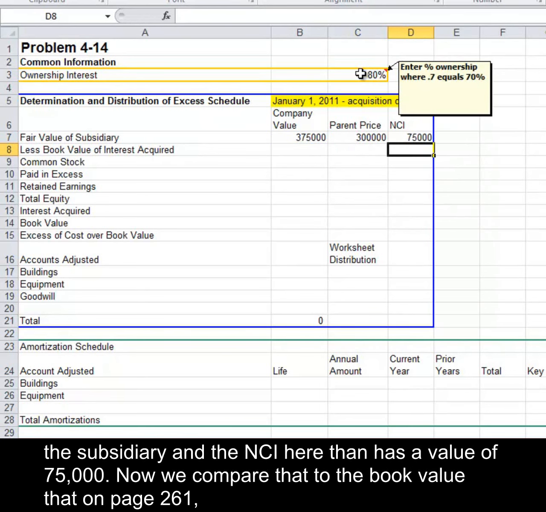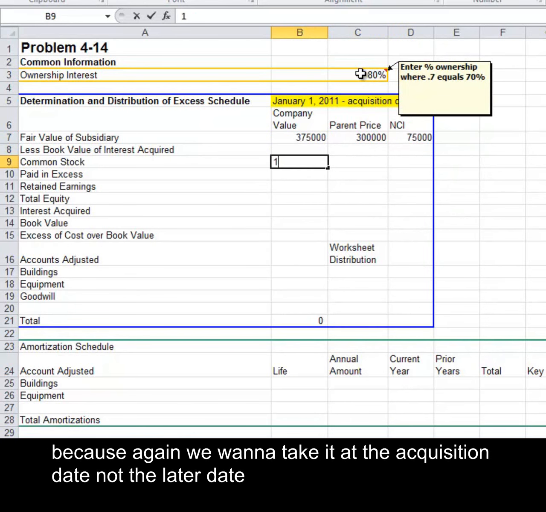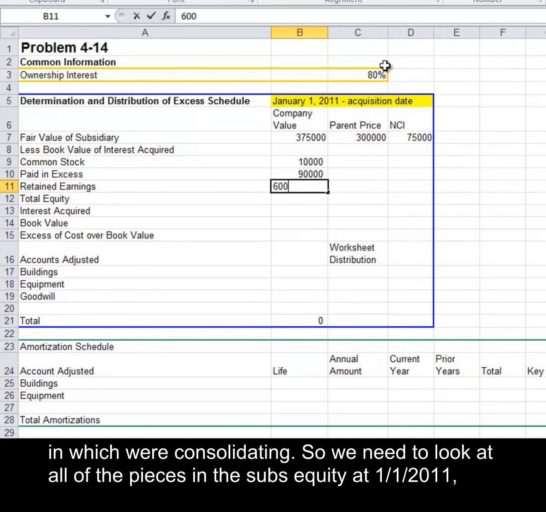And the NCI here then has a value of $75,000. Now we compare that to the book value that's on page 261 because again we want to take it at the acquisition date, not the later date in which we're consolidating.